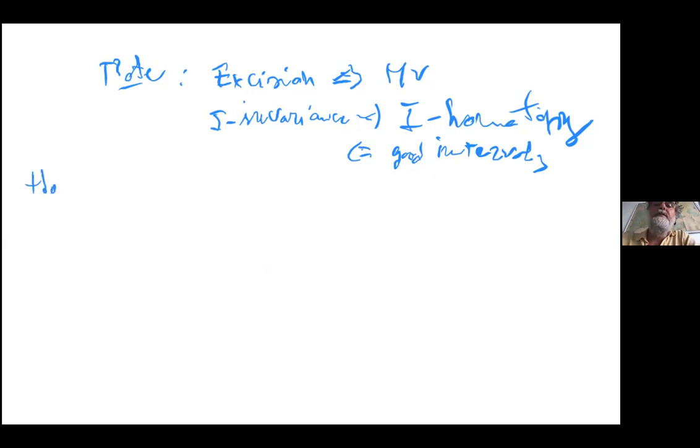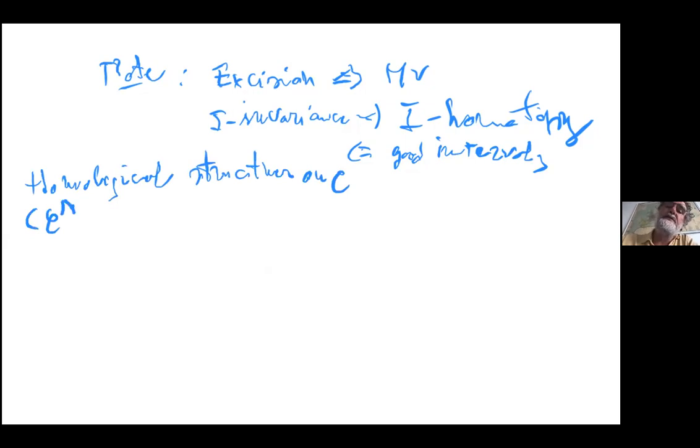So this gives a homological structure on C, which is, as I said, a distinguished subcategory, which gives the pairs, plus a class of excisive squares and a cylinder functor. So this is a homological structure on C.